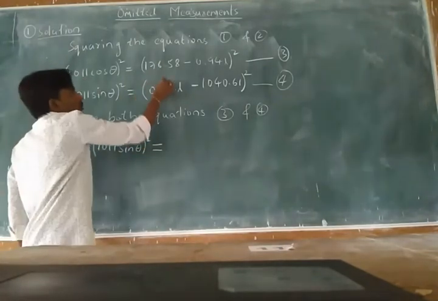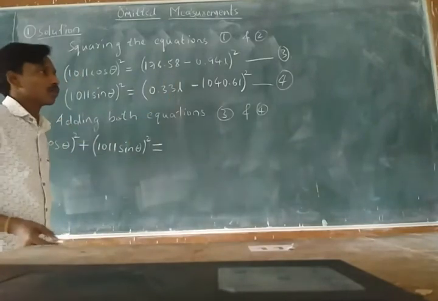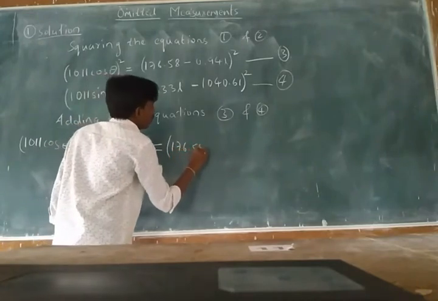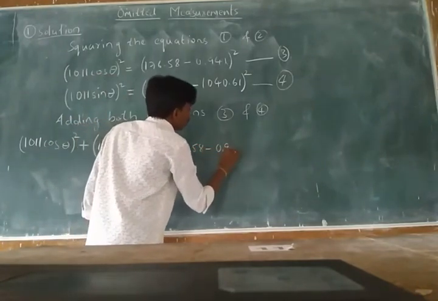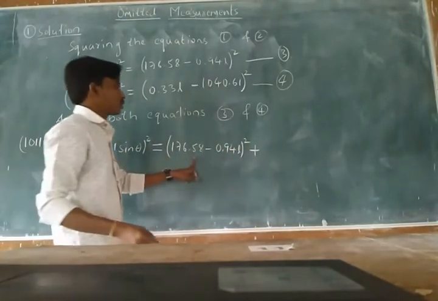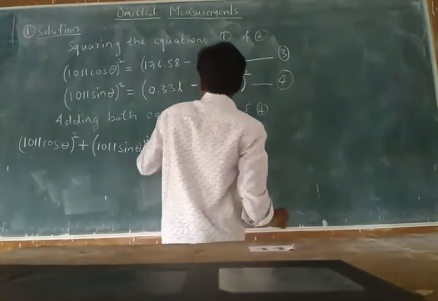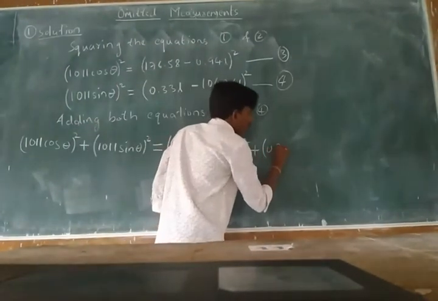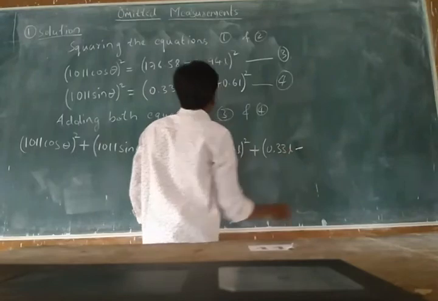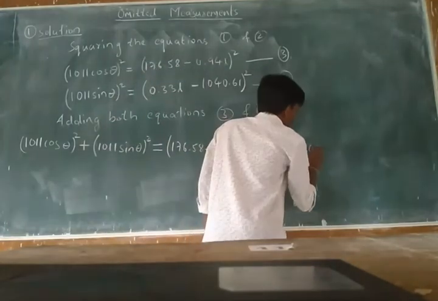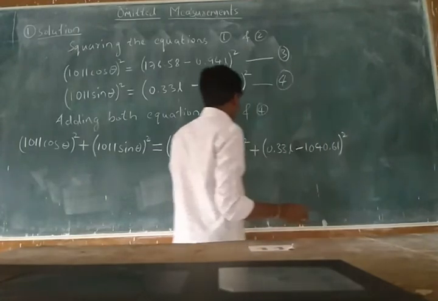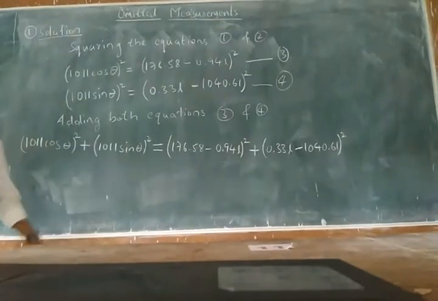Now add these two, which are on the right side of the equal to symbol. So now 176.58 minus 0.94L whole square plus, you have to add this one, 0.33L, sorry, minus, not plus, minus 1040.61 whole square. So this is the addition.